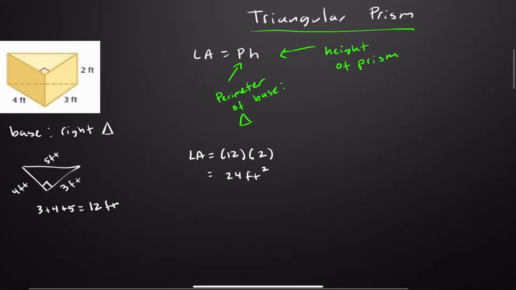Now, let's go ahead and find the surface area of the prism. The surface area is essentially the lateral faces and the two bases combined. So the surface area is equal to the lateral area plus 2 times the area of the base.